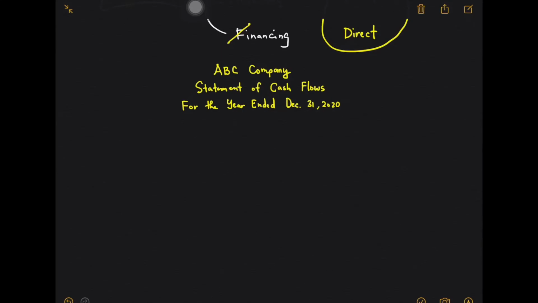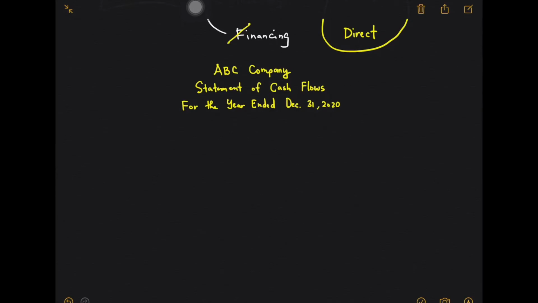After your heading, you will start writing the changes. And again, for the changes, we have three activities: operating, investing, financing. And the order of presenting it is like this. You will start with operating, then investing, and then financing. So first, we start with operating.